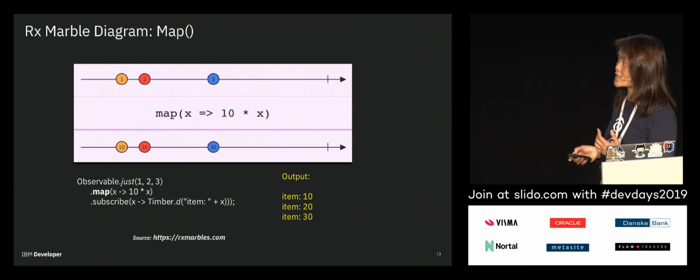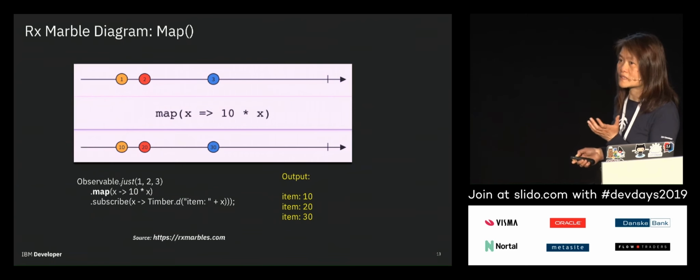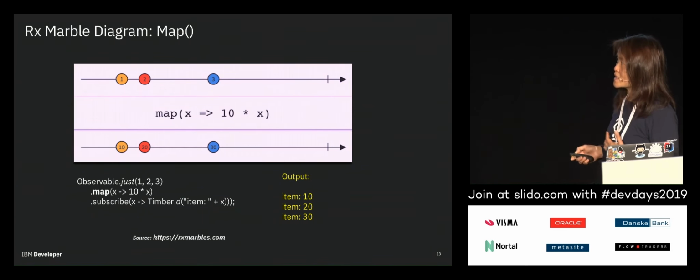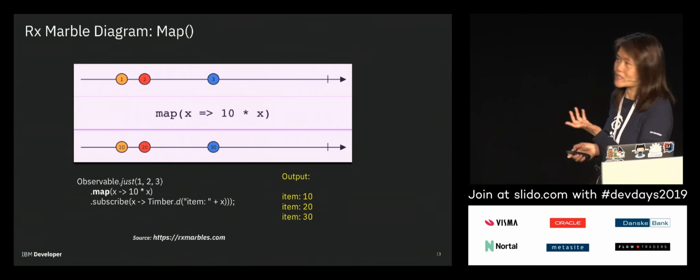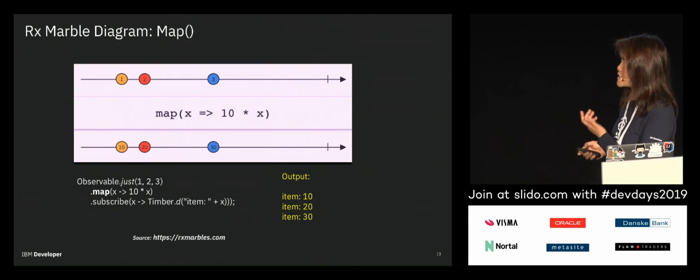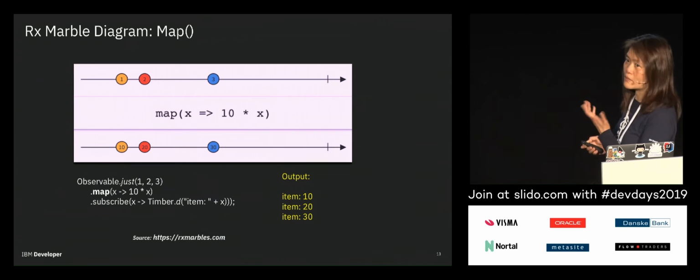But here, taking advantage of Java 8 and above capability, streaming and functional programming, you can group all of these within one single statement. You do a subscribe here, and all it does is use Timber to print out the result. If you run it, you see item 10, item 20, and item 30.